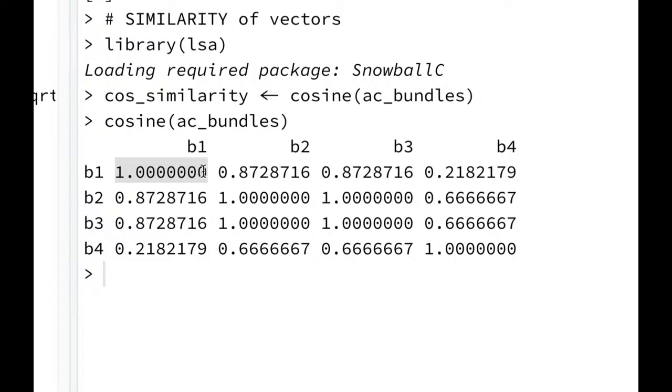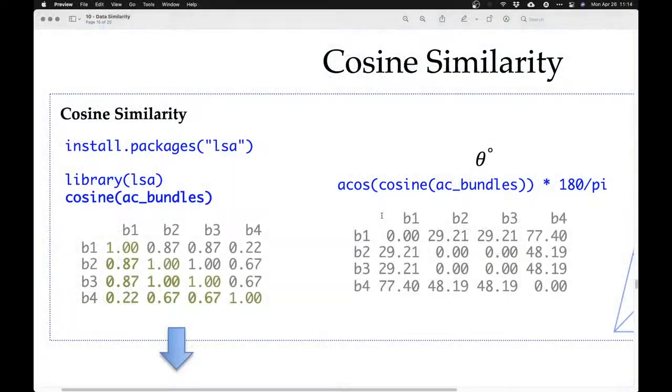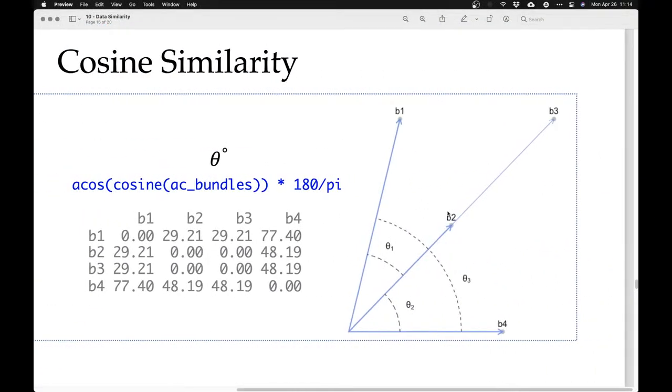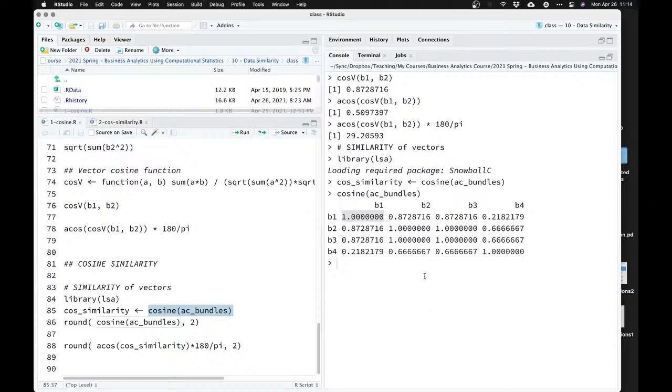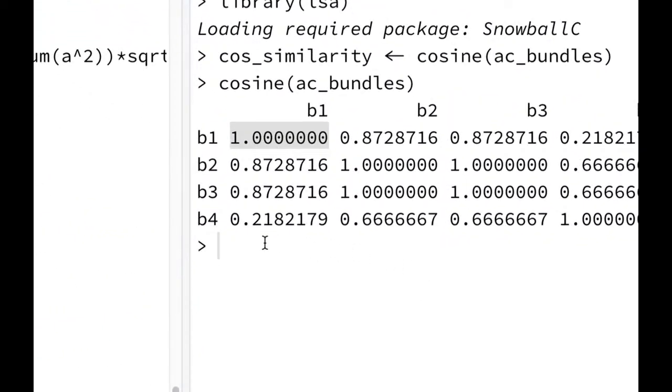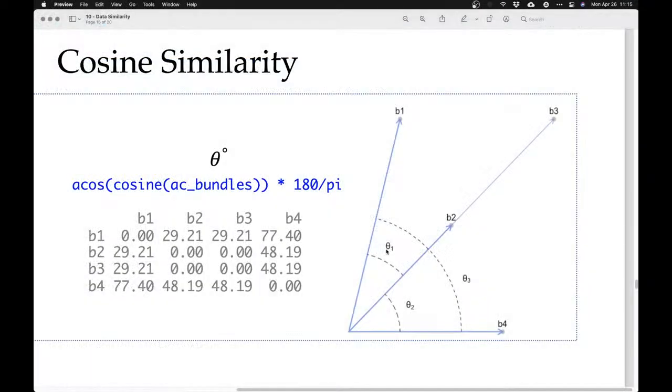If two bundles disagree with each other a lot, do you remember two bundles that really disagree with each other? 1 and 4. If two angles disagree with one another, we get something closer to 0. Why?